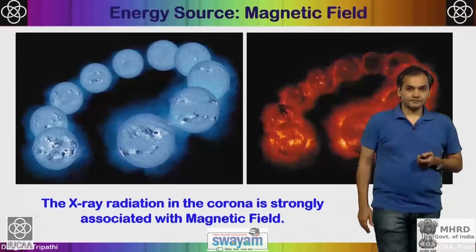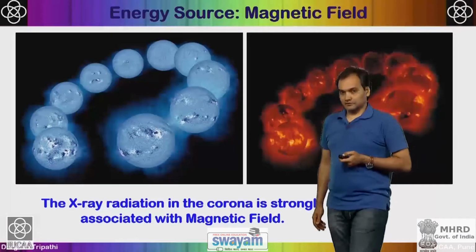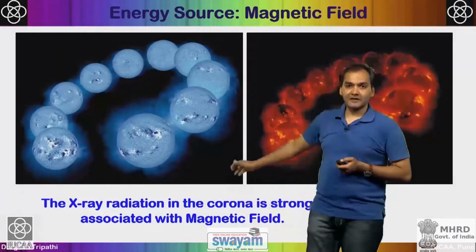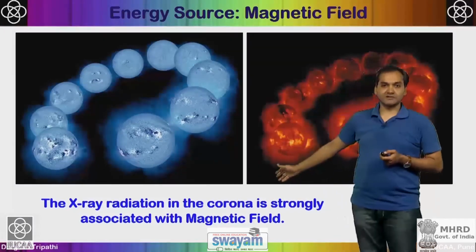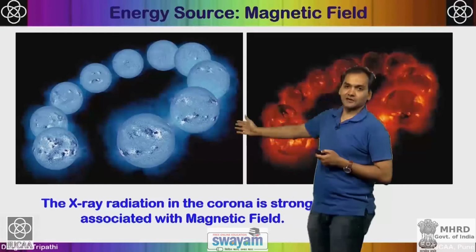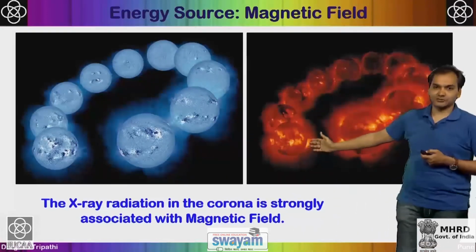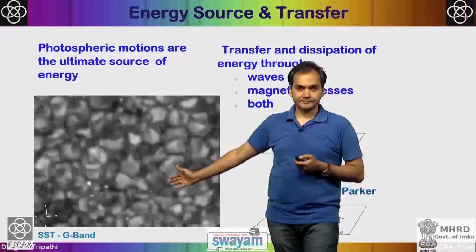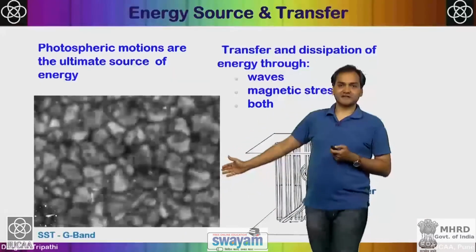Now, as I said, it has to be the magnetic field. The source itself is the magnetic field, because whenever you have a strong magnetic field, that is where you have strong X-ray radiation or high temperature radiation. So, the source is clear. How do you transfer the energy?